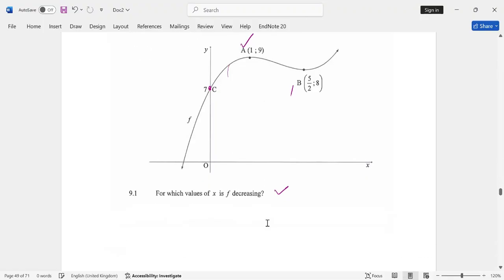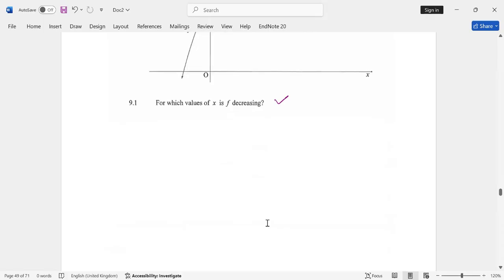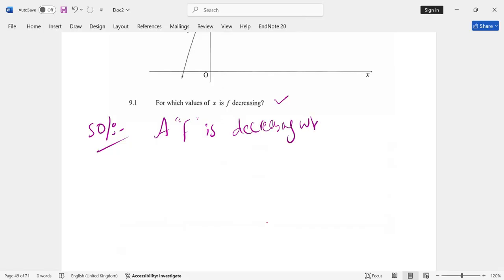We write it: a function f is decreasing when its gradient f prime of x is negative.